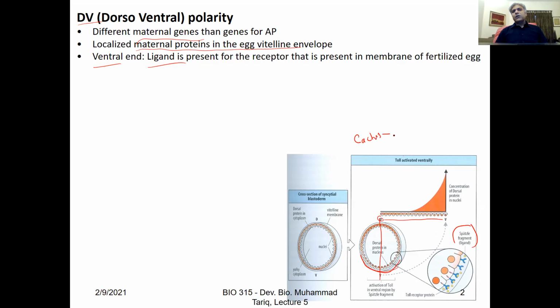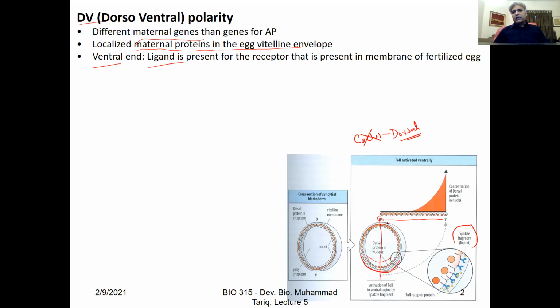Cactus actually holds another protein, a transcription factor, which is called dorsal. So Spätzle actually leads to activation of cell signaling, which leads to degradation of cactus, and then dorsal moves inside the nucleus. If you pay attention here, in these nuclei, the nuclei are looking red, and these nuclei are white.